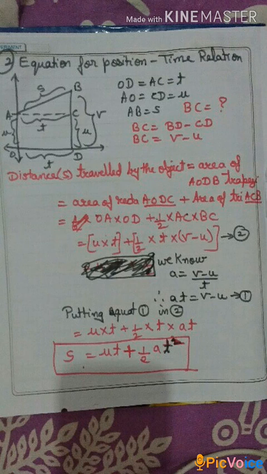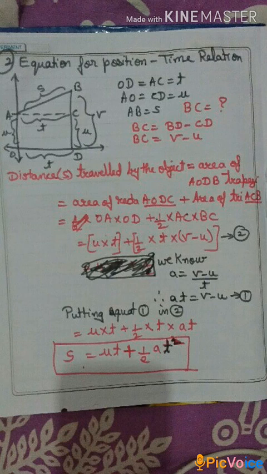What is the value of BC? I have found it above. We have the values of BD and CD, so we can find the value of BC. BC is equal to v − u. Now, put the value of BC as v − u in the place of BC.